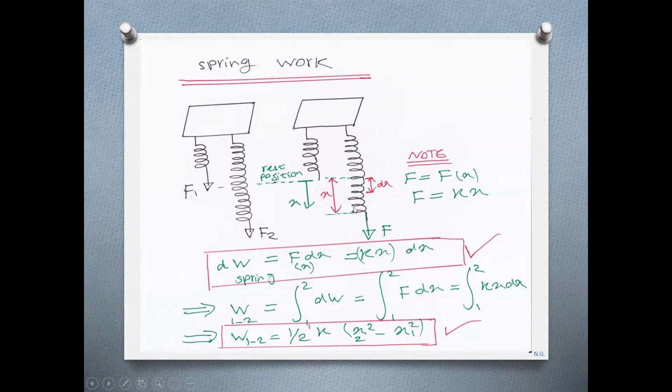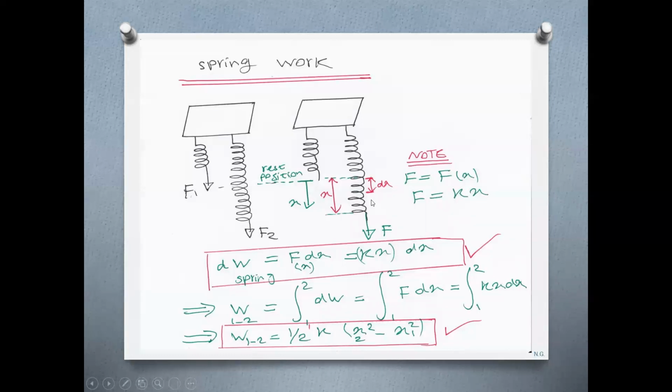If you pull it by distance x and want to calculate the work done between 1 and 2, the force is not constant along the way. You can't just multiply F by x. You have to divide this distance into dx, and over dx calculate the work, which is F as a function of x, kx dx.